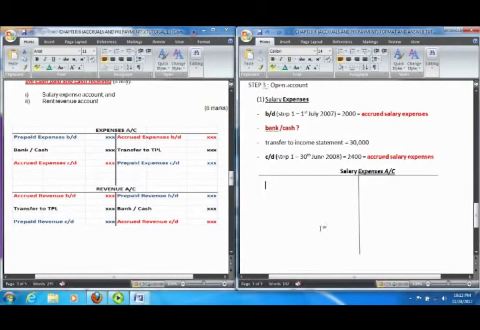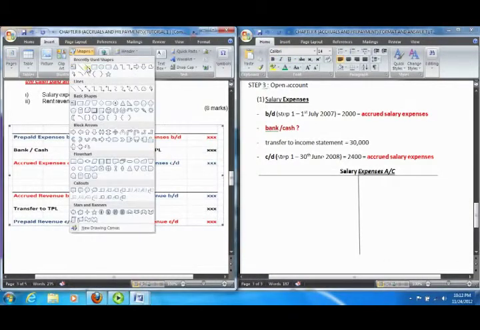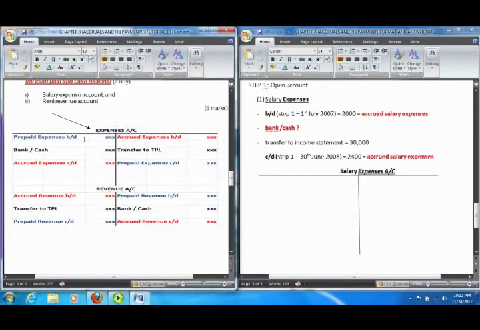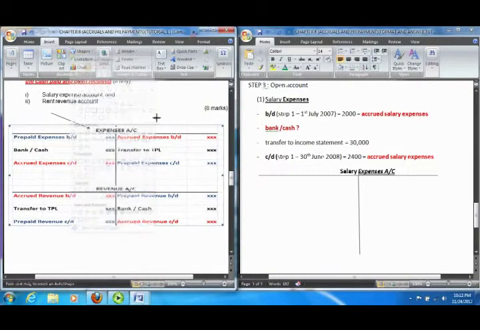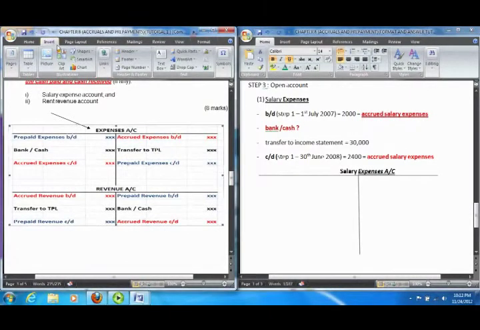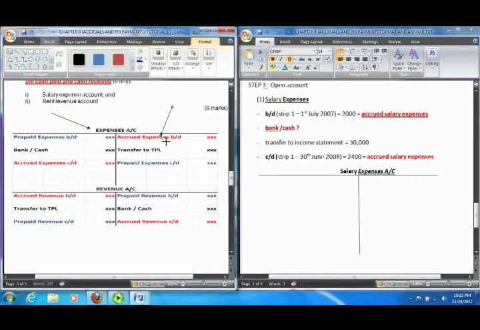When it is an expenses account, you can see the format here, class. BD, either debit or credit. As you can see here, class, this situation is accrued. Correct? Is it accrued? Yes, it's accrued. So automatically, class, you put it at the credit side.